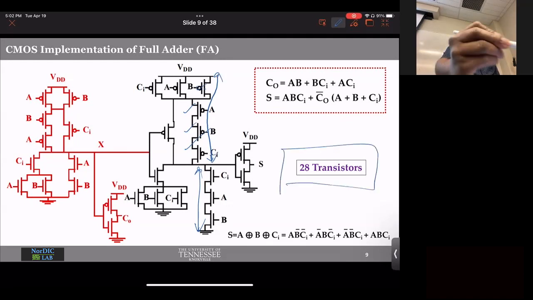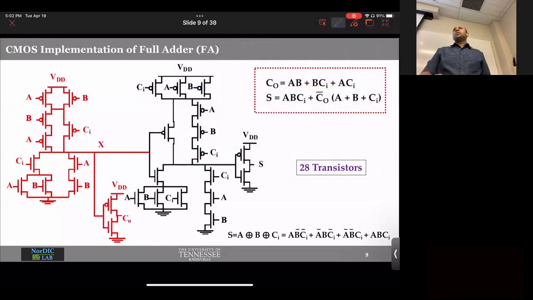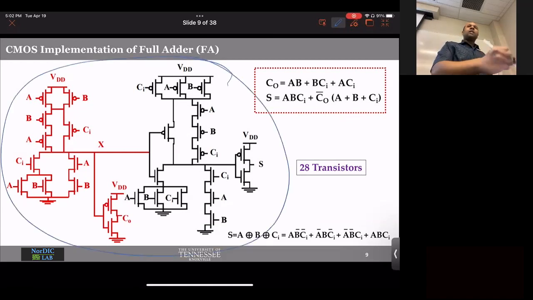And 28 transistors certainly is a lot of transistors. There are other things that I haven't pointed out yet, but I will in the next slide. But here you have an adder circuit that works. Good news, that works. Can anybody tell me any other problem with having so many transistors in series?